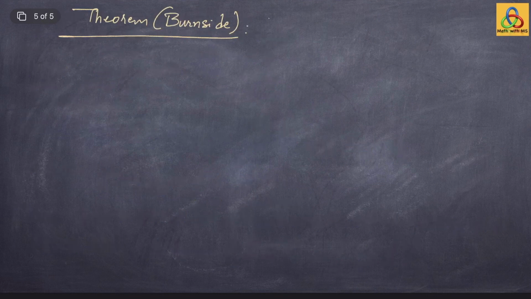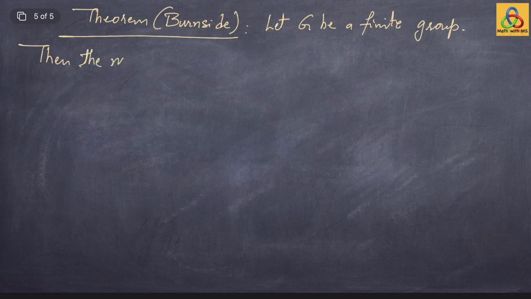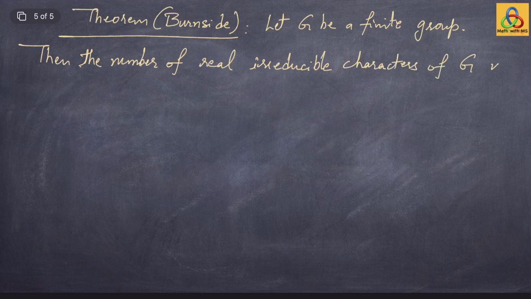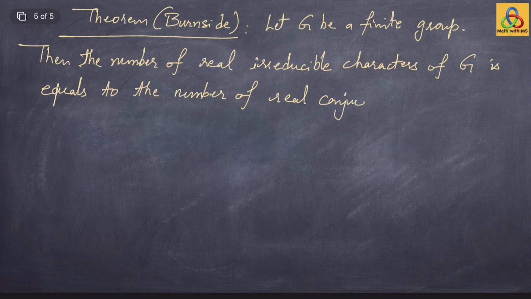Let G be a finite group, then the number of real irreducible characters of G is equal to the number of real conjugacy classes of G. Very nice theorem. Let us prove it.